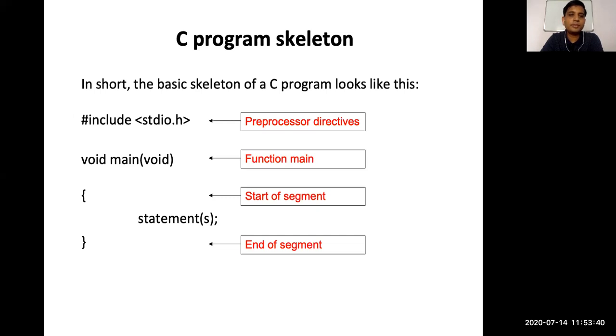Who calls the main function? Your operating system calls the function. So whatever the output of main is, you have to give it to the operating system. Something has to be given as a return gift to your operating system.